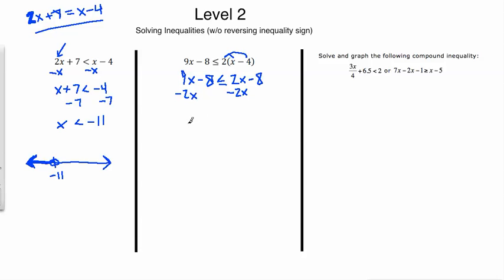So we'll have 7x. That gets rid of this. 7x minus 8 is less than or equal to -8. We want to bring this over, so we're going to add 8.